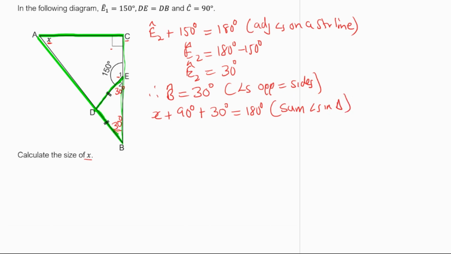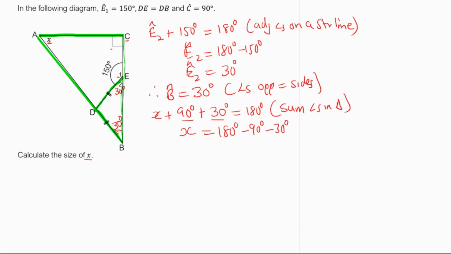So you have to be careful here. Are you going to subtract 90 and 30 from 180 individually, or do you want to combine them? So you can do it like this. You can say X is equal to 180 degrees minus 90 degrees minus 30 degrees.